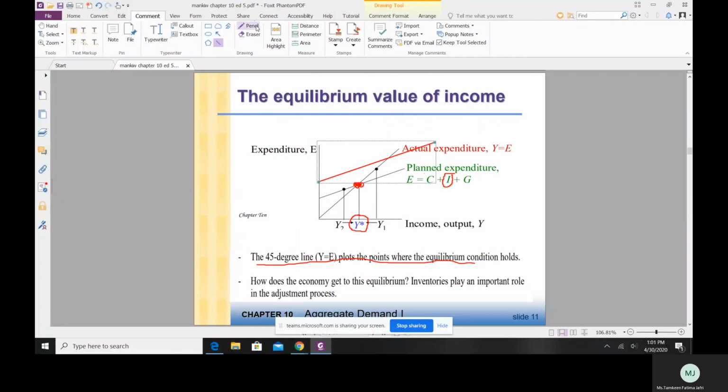So you can now figure out that the new equilibrium occurs at this point here. Okay, so as a result of increase in I, Y is going to increase as a result. और मैं आपको ये भी clarify कर दूं कि if investment is going to increase by $1, Y में जो हम increase देखेंगे that will be by more than $1.